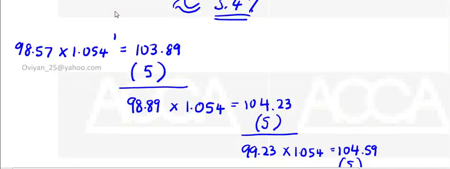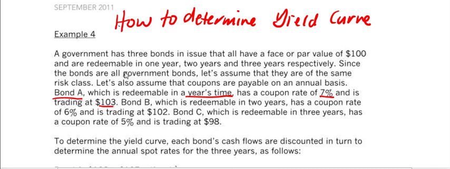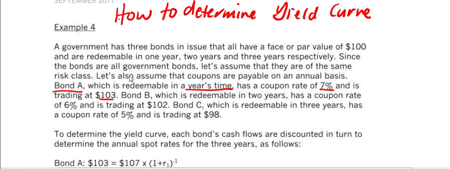Coming back here. Bond A. Now, bond A, the story goes like this. You are going to buy the bond at $103. That is the price, trading at 103.